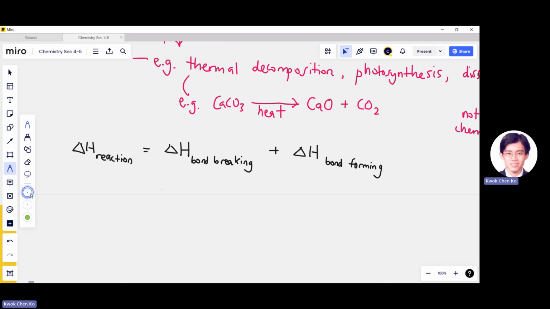But in your head, you also need to remember that bond breaking is always a positive value, whereas bond forming is always a negative value. So highlight this formula if you want to use it.